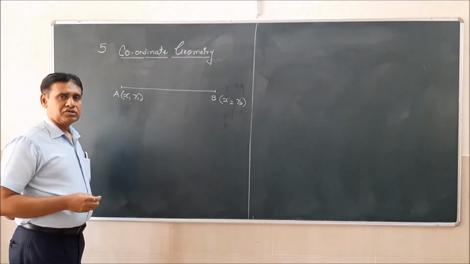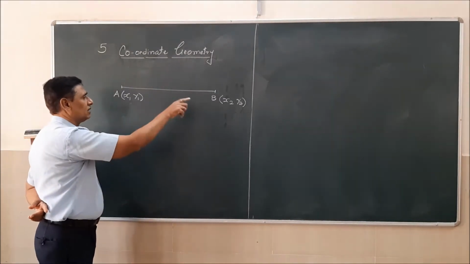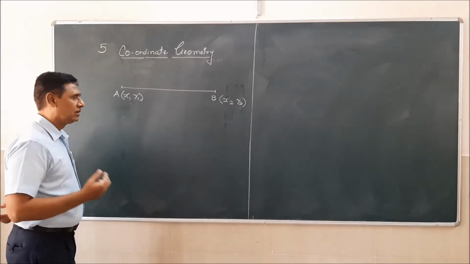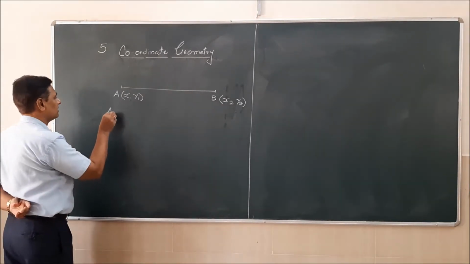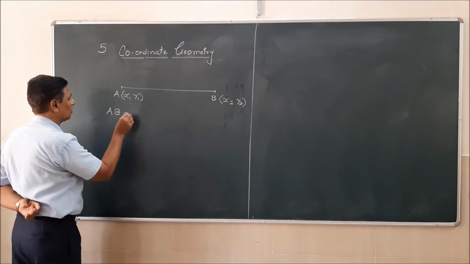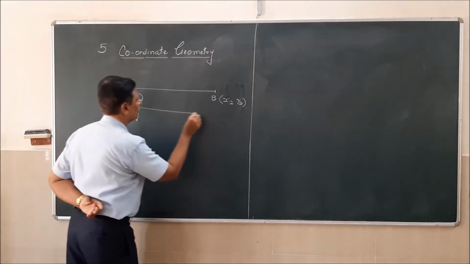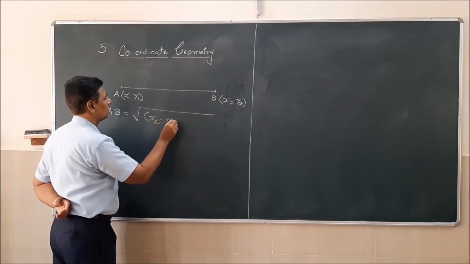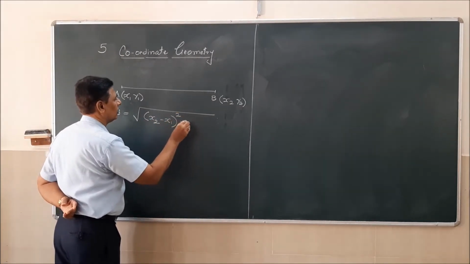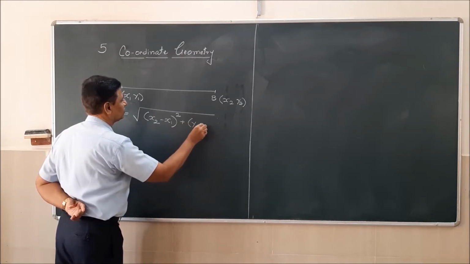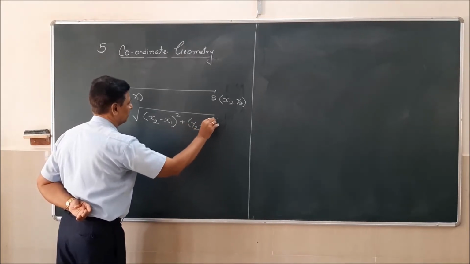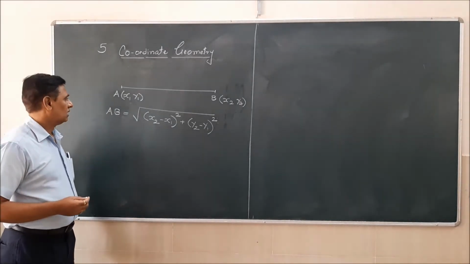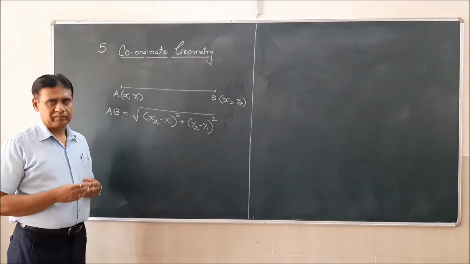While finding the distance between these 2 points in the xy plane, the distance formula is: distance AB is equal to the root of (x2 minus x1) the whole square plus (y2 minus y1) the whole square. So this is how very easily you can find the distance between these 2 points.